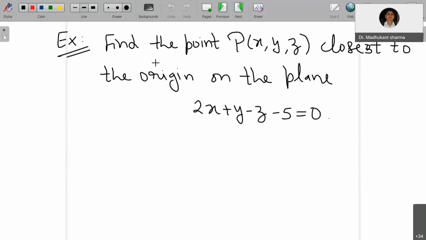You will analyze how the substitution will not work. Let's look at this example. We try to identify the point P which is closest to the origin on the following plane.